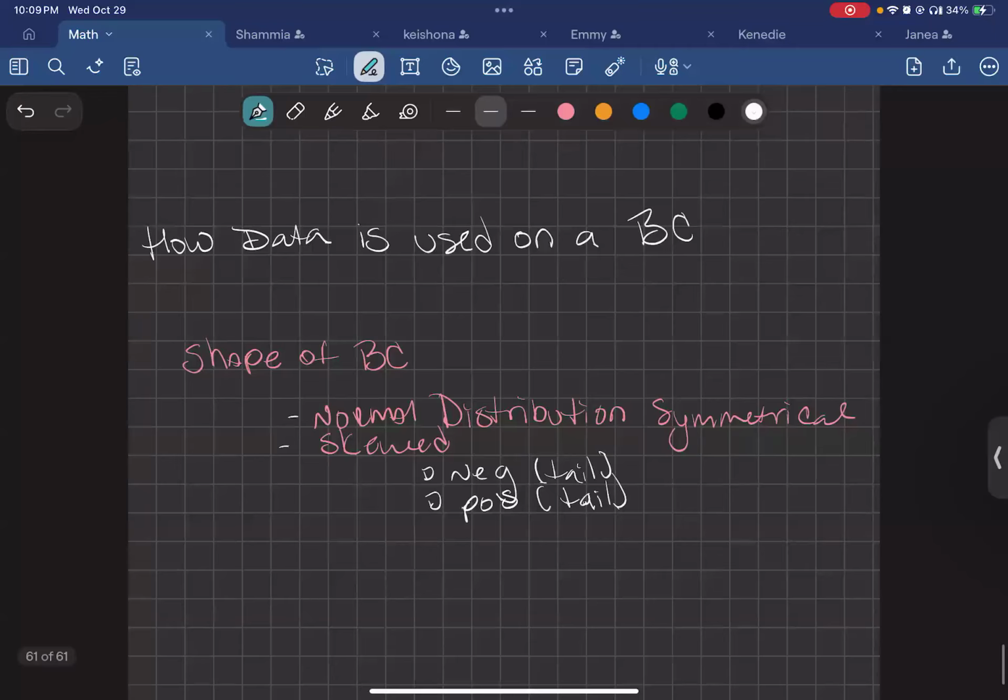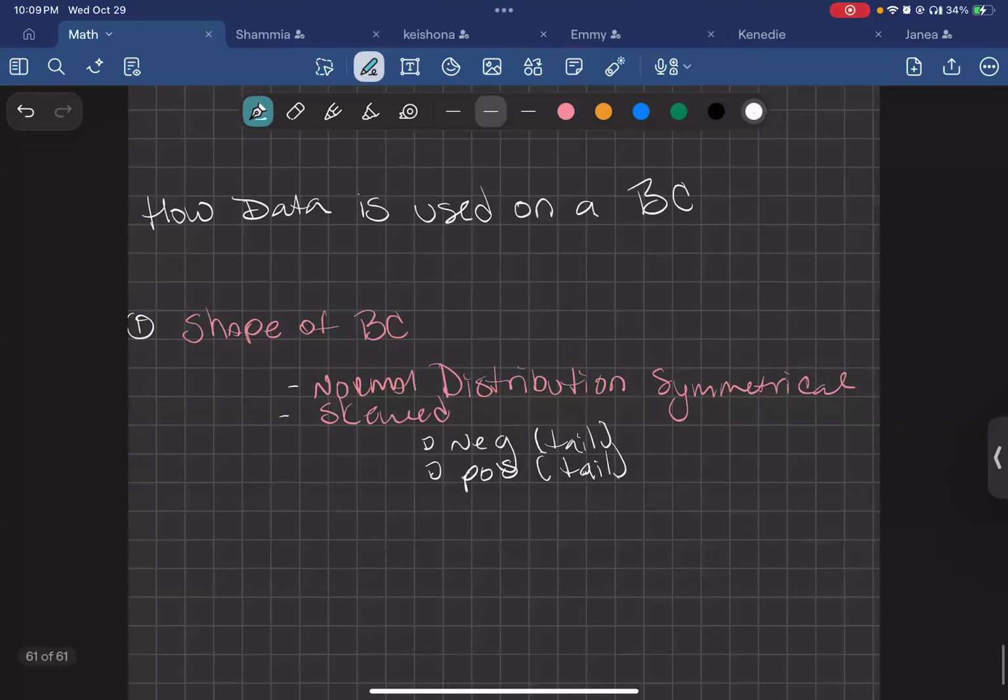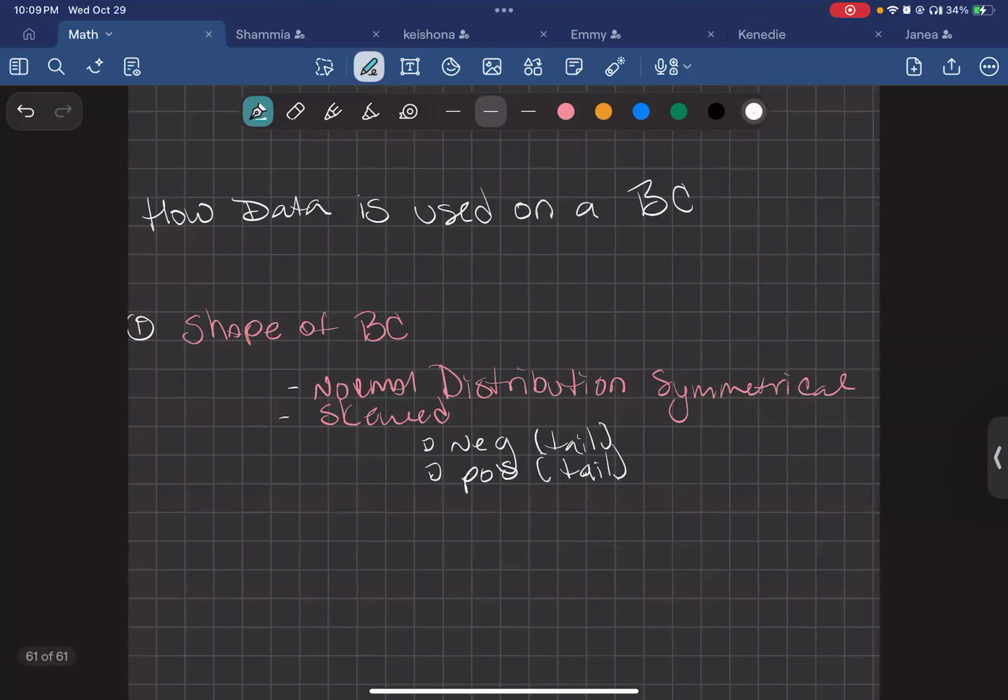One way it's used is to explain whether I have extreme scores or not. That's the skewed distribution. You might also see another term called outliers. Same thing, different name.